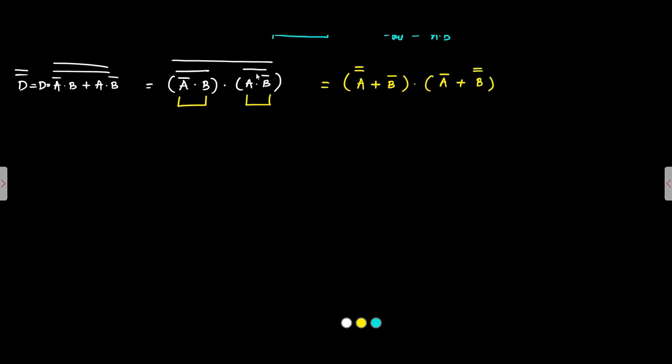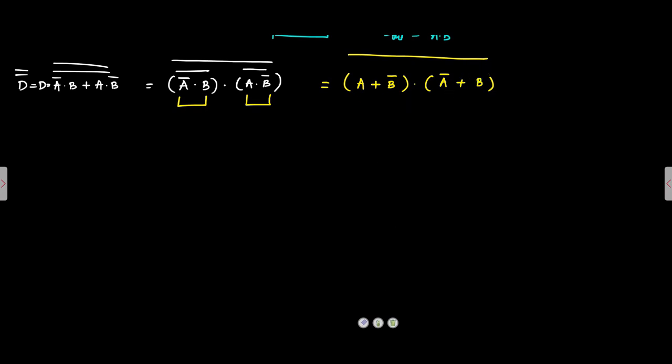These two terms we converted from AND into OR, and then we have a complement above. Now we know that double complement of a variable results in the same. So A double complement is the same as A, B double complement is the same as B.